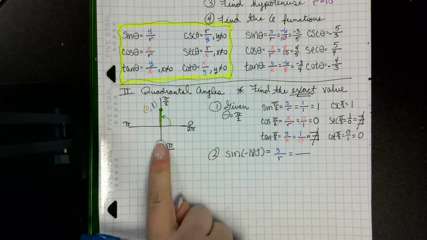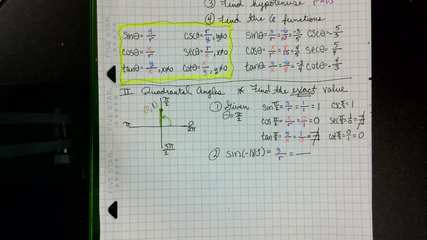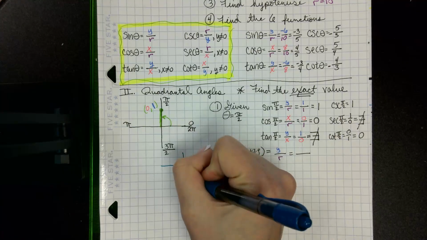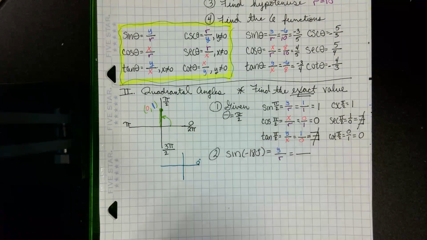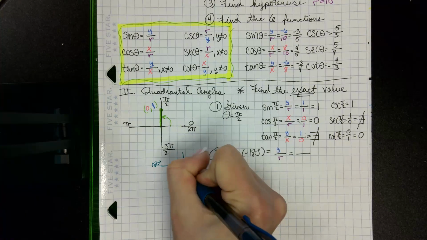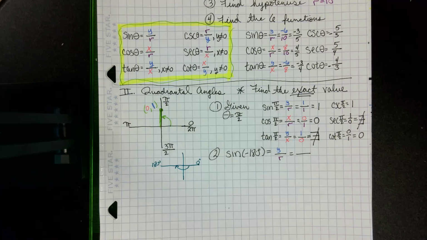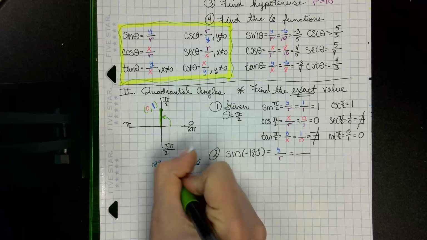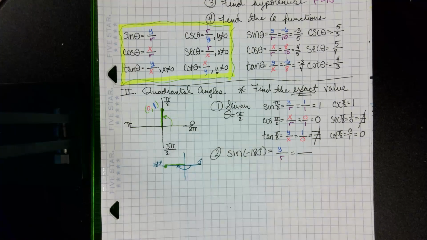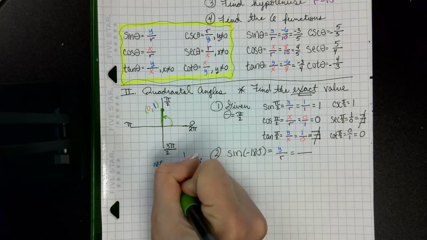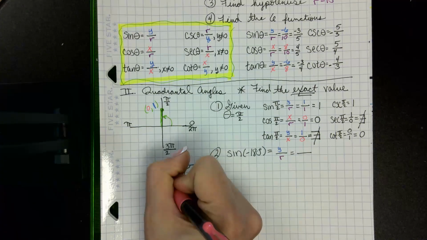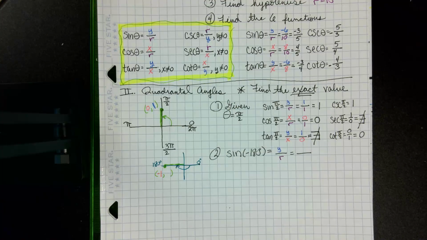So I sketched the first one, so sketch it. There's the terminal side. Plot a point there. So 1 to the left and 0.